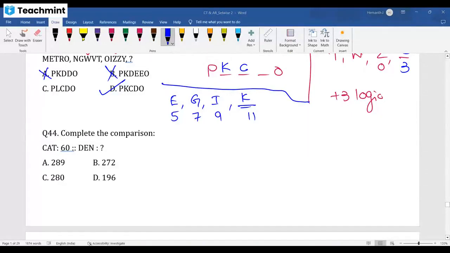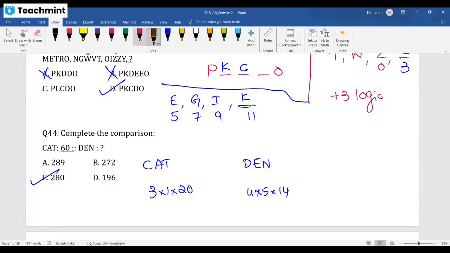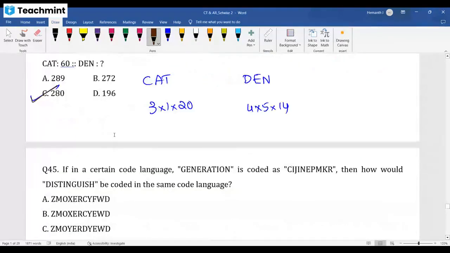Cat is given as 60. 10 is what? Cat is simple. 3 into 1 into 20 is 60. 10: 4 into 5 into 14. You got 280. Analogy, 1 question. I said analogy and odd one out together 4. You are done with 3 questions. Analogy and odd one out combination.